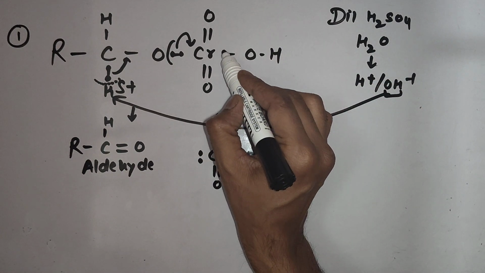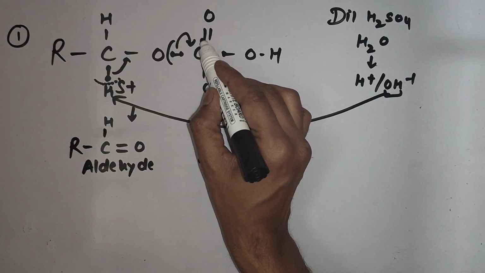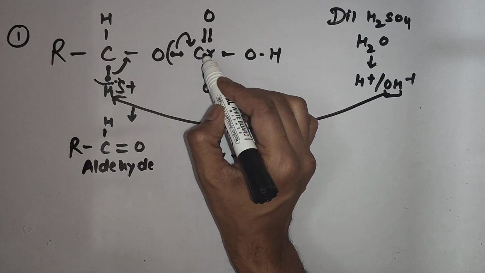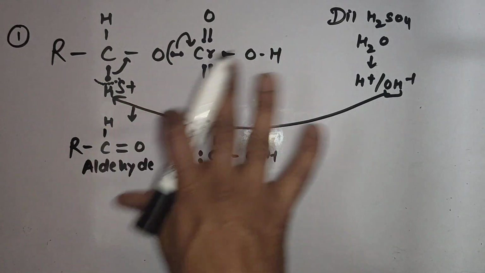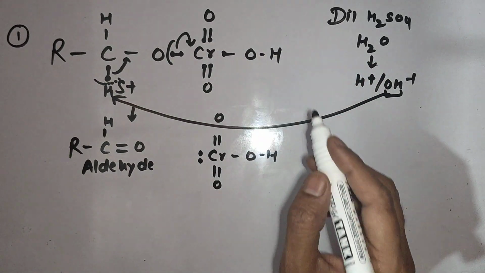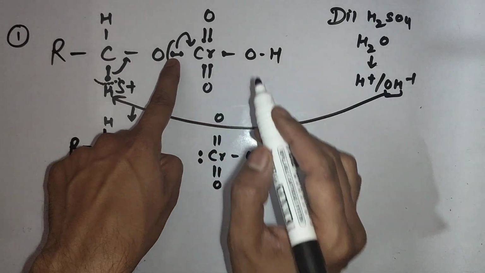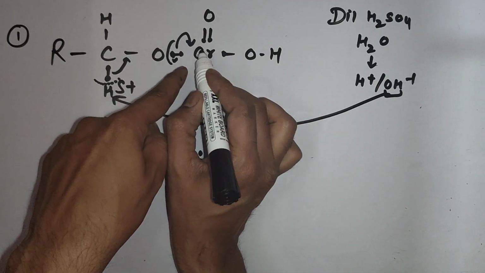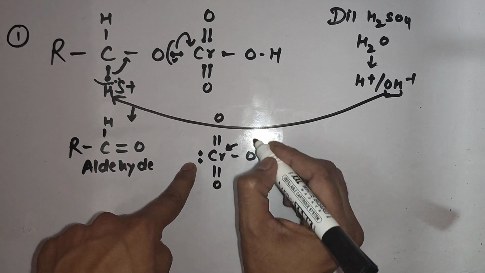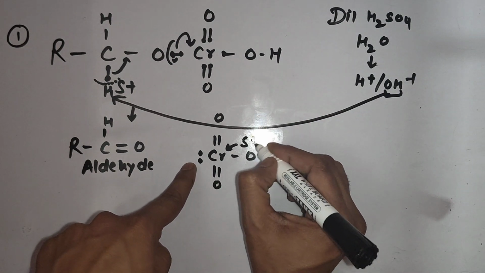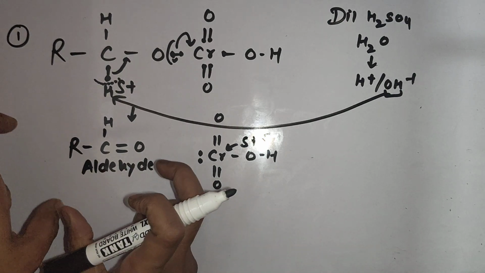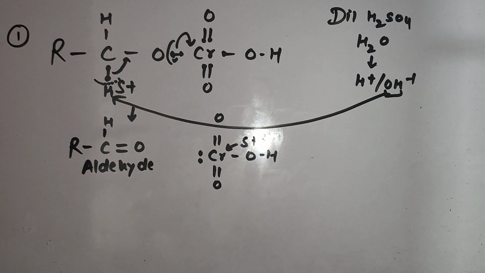Right now, what was the oxidation state? 6 electrons it was sharing, 1, 2, 3, 4, 5, 6 with oxygen, and all these 6 electrons were going toward oxygen. That's why it was carrying +6 charge. After bond breakage, you can check one extra electron has gone toward chromium, so its oxidation state will be reduced to +5. So here we have a generation of aldehyde. This is the mechanism.